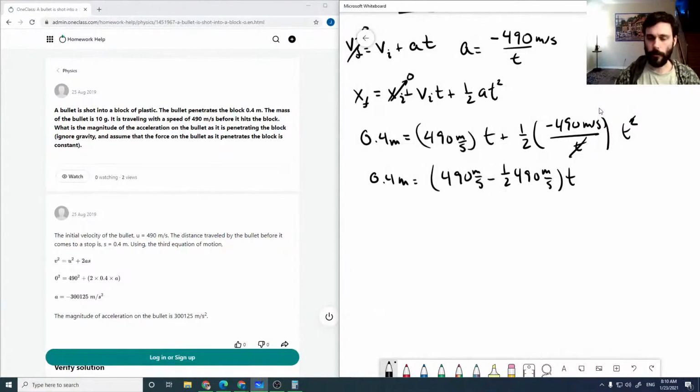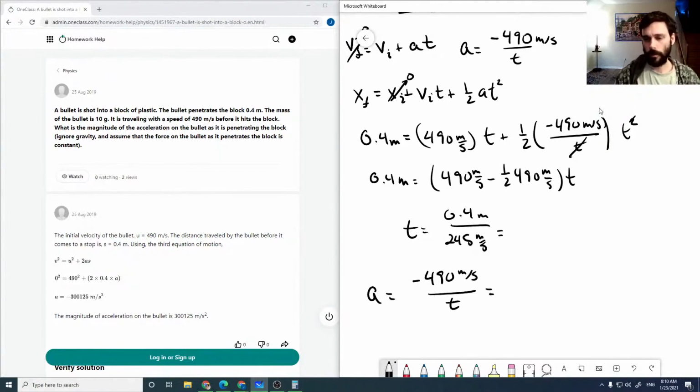And so we can solve for our time as 0.4 meters over 245 meters per second. Okay, so that our acceleration is minus 490 meters per second over our time, which we can write as minus 490 meters per second over 0.4 over 245.